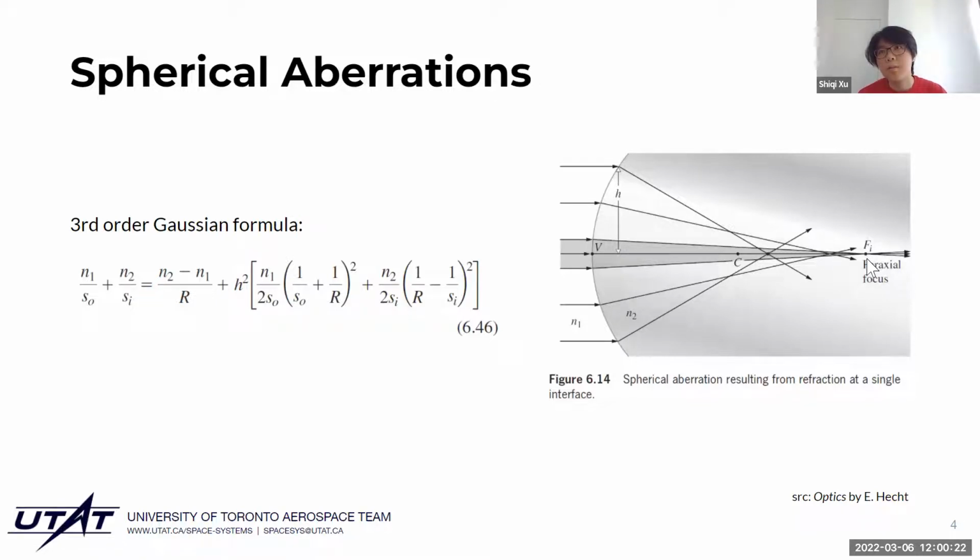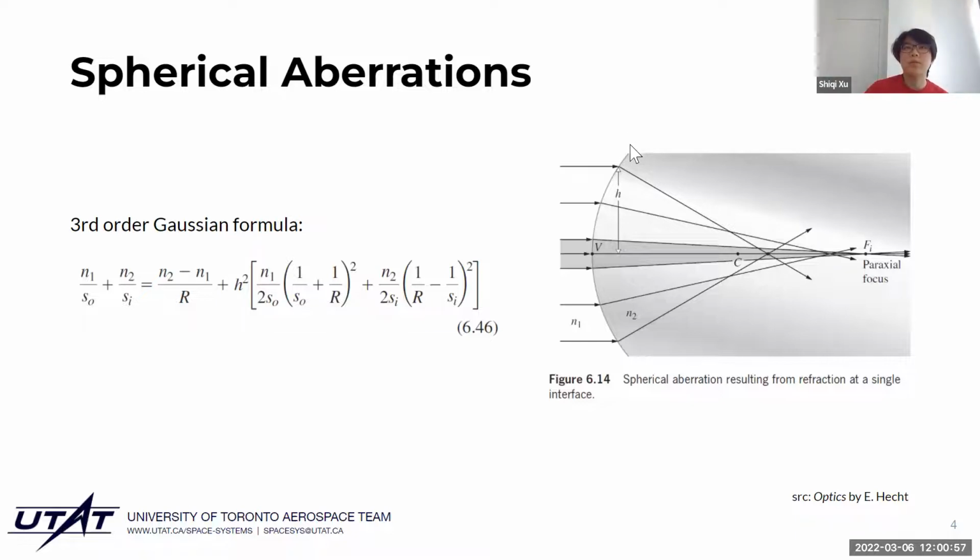When we have our ideal surface, this is our focal point right here. But in reality, the closer we are to the axis, the closer we are to the ideal paraxial focal point. But as we go up, this is that H that you see here, you actually end up falling short.